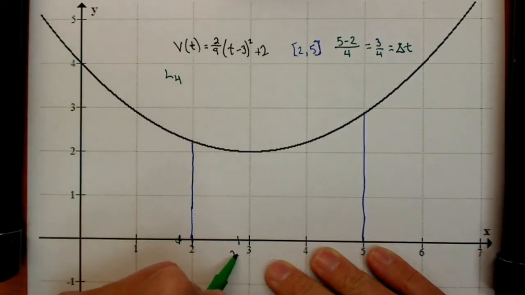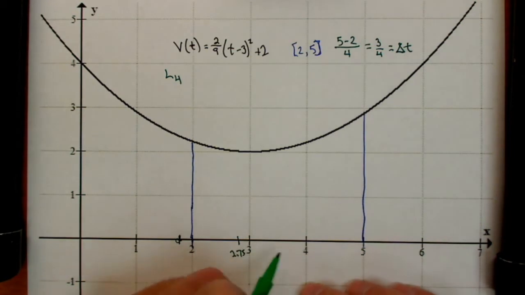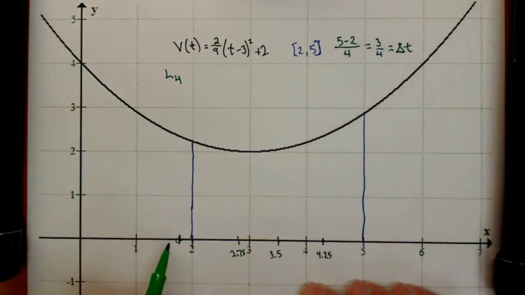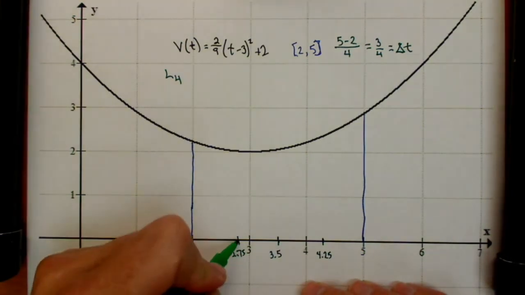Right here is 2.75. We're going to go another 0.75, and this is 3.5. Going another 0.75, here we got 4.25, and then to 5. So these are where we build our rectangles.